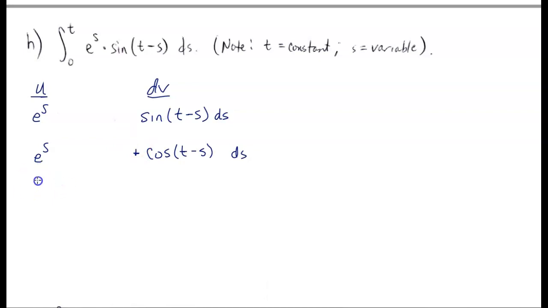All right, so next row, the derivative of e to the s is e to the s. And here again, if we take the antiderivative of cosine, that is going to be sine. And again, the derivative of t minus s is going to be just a minus 1. So we're going to put a minus here and then put the ds again.